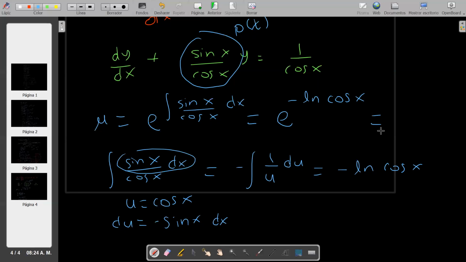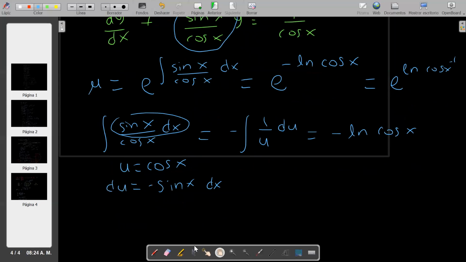And now we can use a property of the logs. That property says that this will be cosine of x to the negative 1. Okay? We're using this property of the logs.